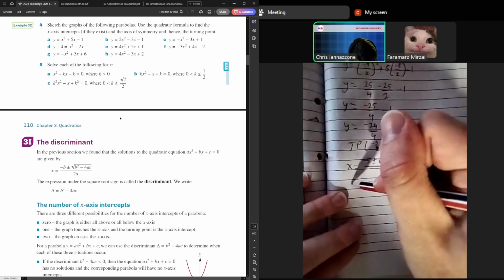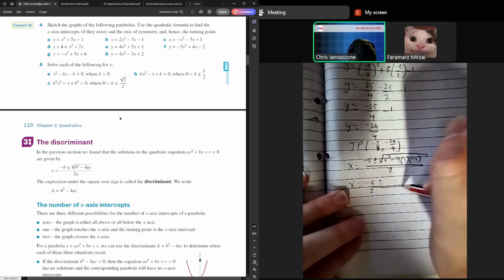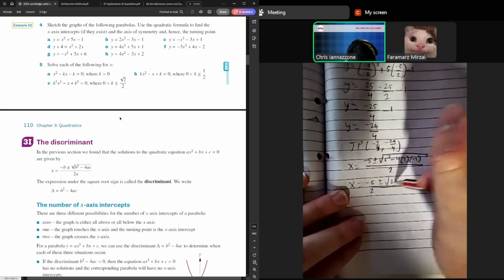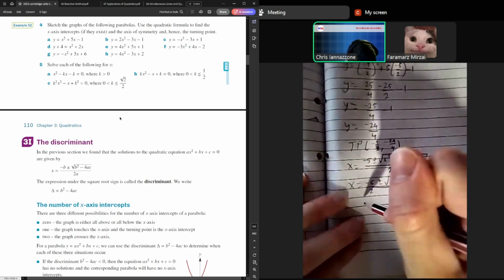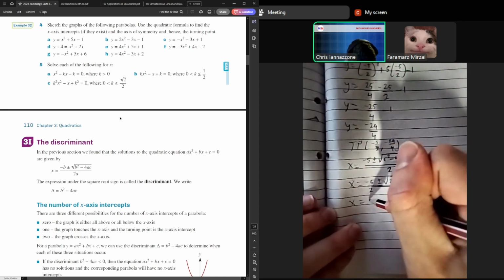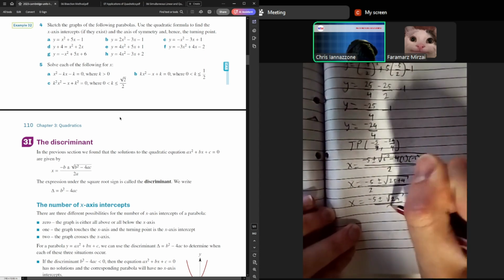And then just some more math. Negative 5 over 2 plus or minus the square root of 5 5s is 25, plus 4, so 29. x equals negative 5 plus or minus root 29, over 2.